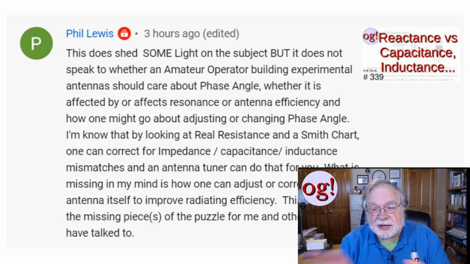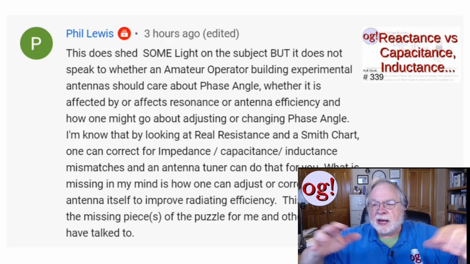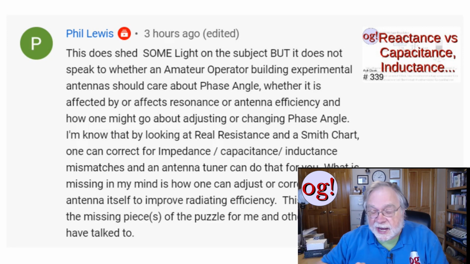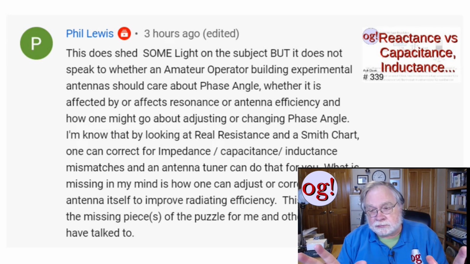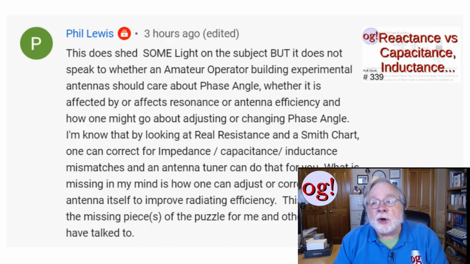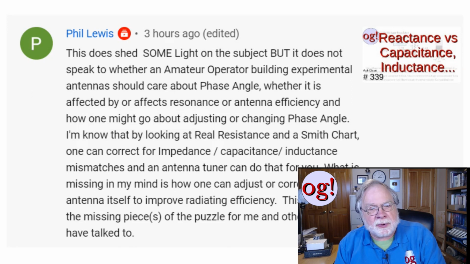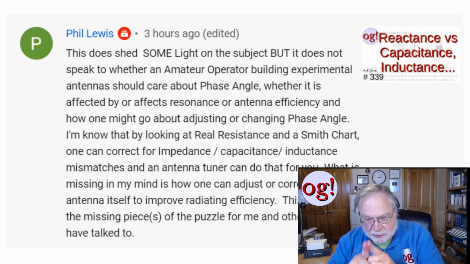There are all kinds of things you can do, like putting a capacity hat at the very end if you want to add some capacitance. So there are lots of things that you can do, and these are explained in the various antenna handbooks. The problem is, and I think it's an insurmountable problem, that you have to measure the impedance at the feed point of the antenna.